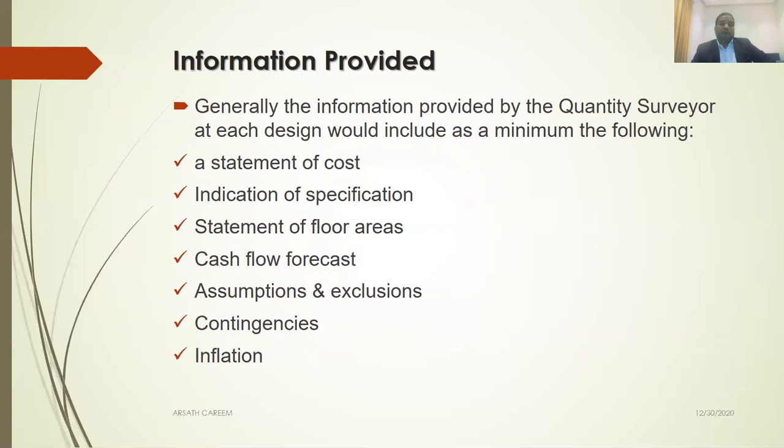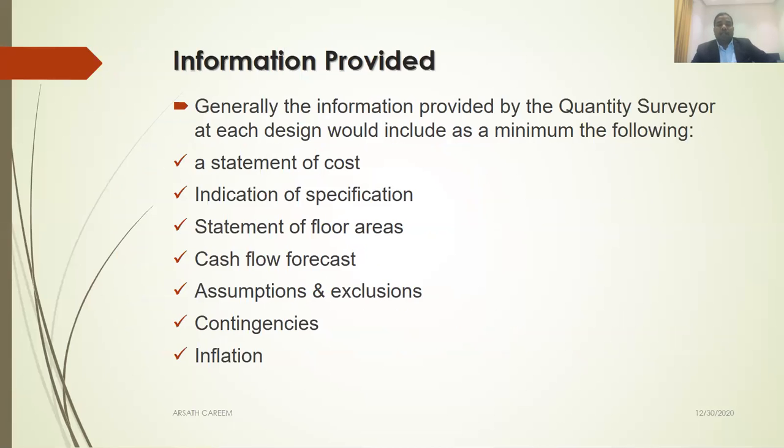Once they provide the details, your job as a quantity surveyor is to provide the cost plan. In this slide we are discussing, when the client or design team or architect gives the information, what is your response?